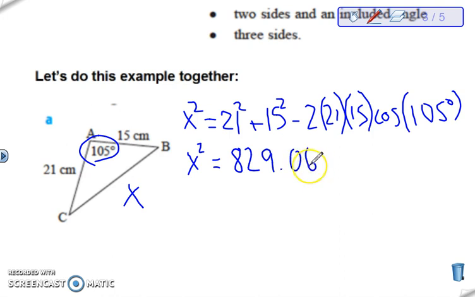So I get 829.06. Notice I'm not done. I still have that squared there. I do not want that. So I'm going to have to square root both sides. So if I take the root of 829, I get about 28.8.